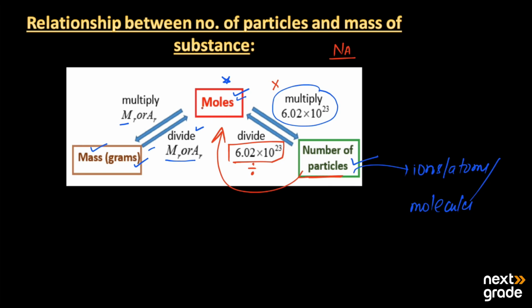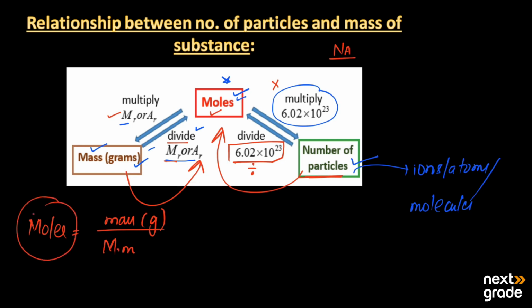On the other hand, if we have moles, we can calculate the mass of substance in grams by multiplying it with the molar mass. And if we have the mass of substance in grams and want to convert it into moles, then we need to divide it by the molar mass. So here is the formula: moles equal the mass of substance in grams divided by its molar mass.